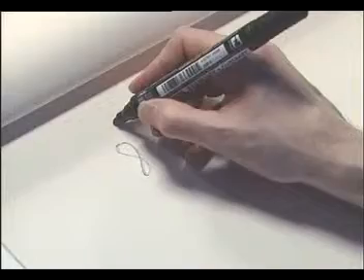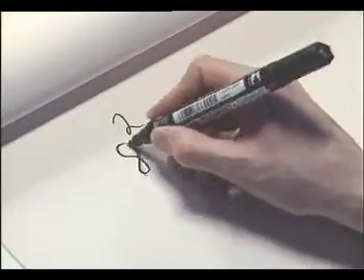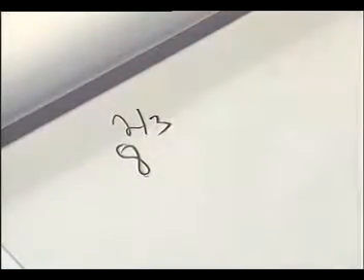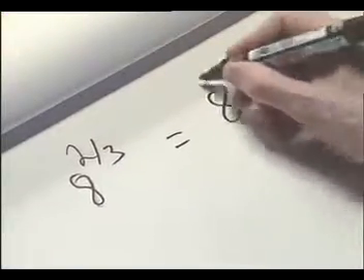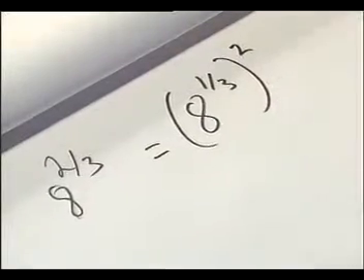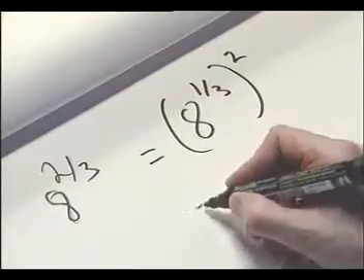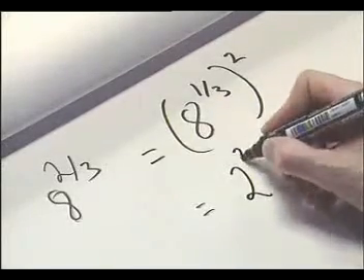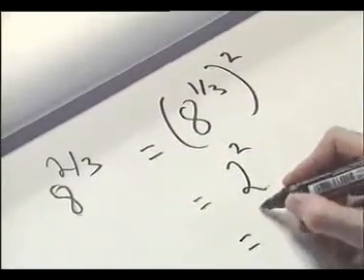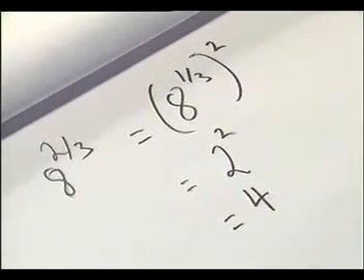Let's take 8 to the power 2/3. Now, the way that we had thought about that was to do 8 to the power 1/3 and then square it. And we know that 8 to the power 1/3 is 2, and that 2 squared is therefore 4.